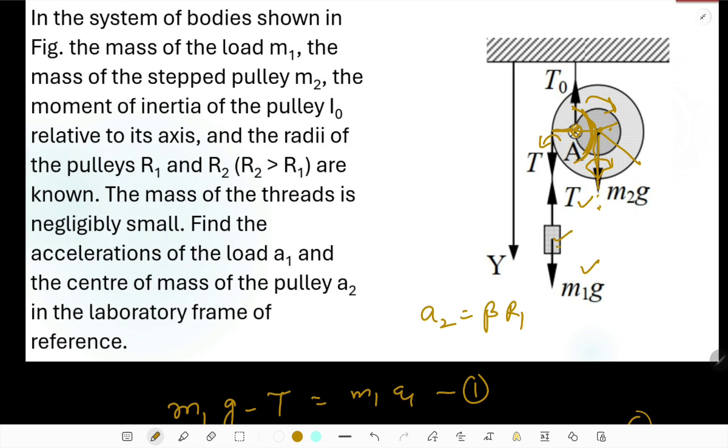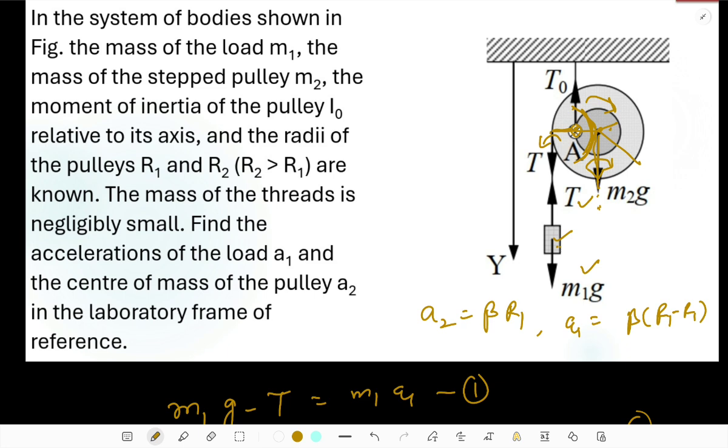And what about the acceleration of this point? Of course, its acceleration can be written as a1 equals beta (r2 minus r1).